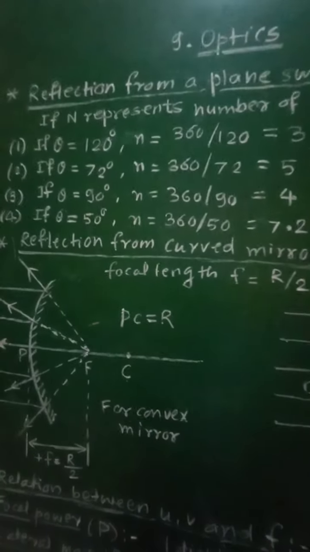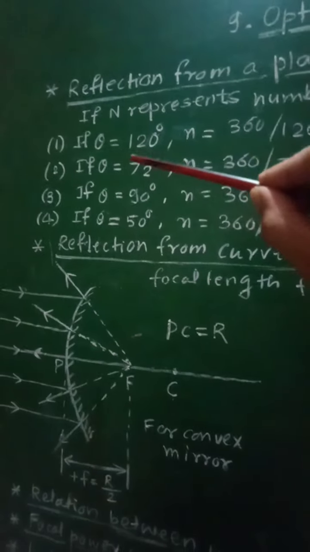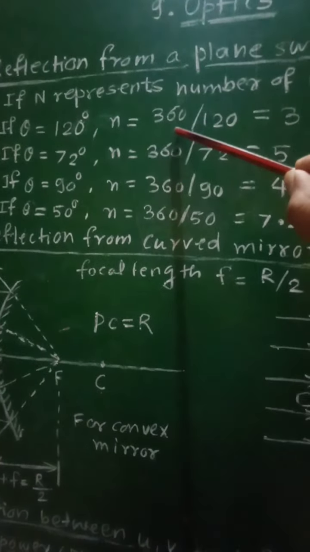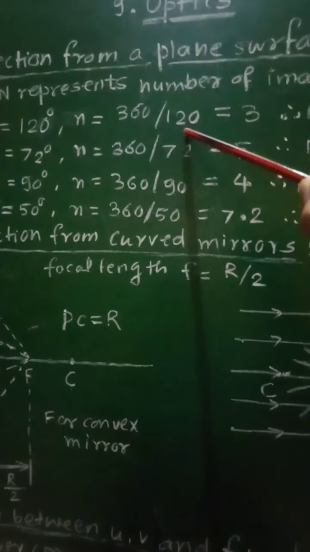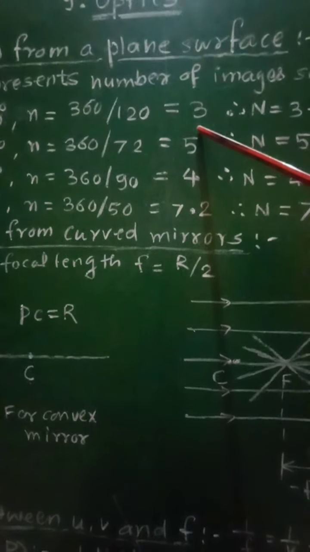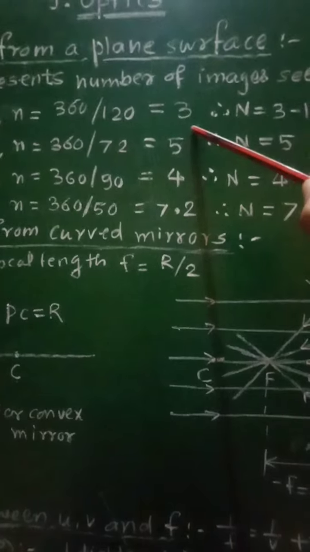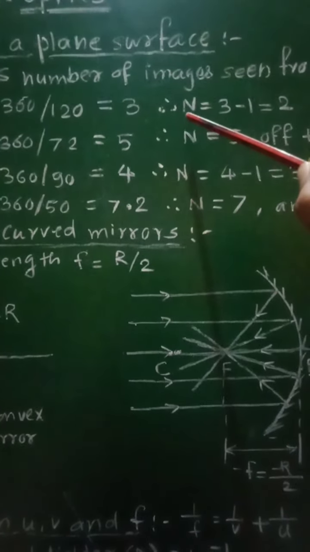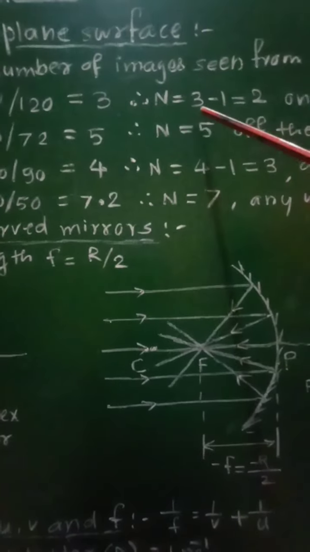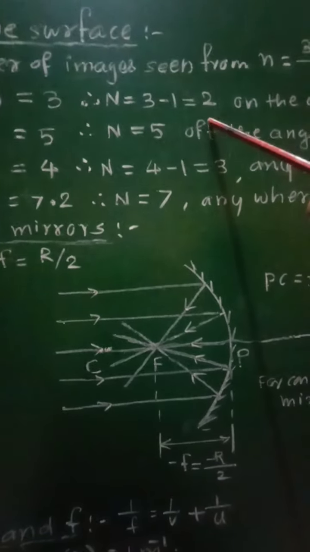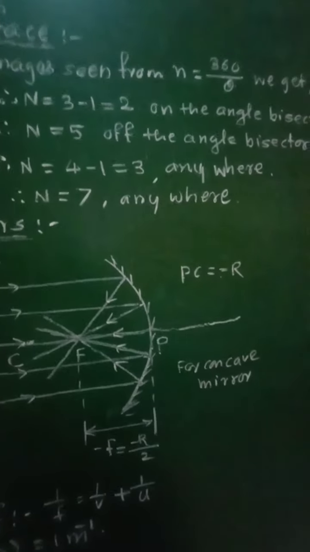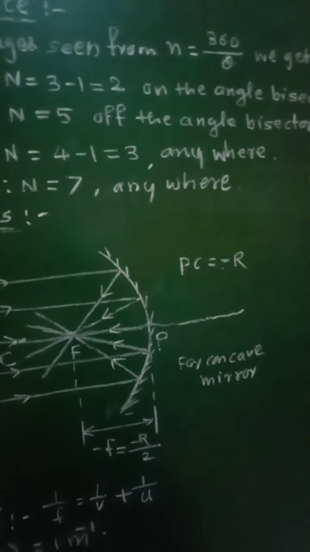For example, if angle theta is equal to 120 degrees, then small n will be equal to 360 upon 120, that will be equal to 3. So this 3 will represent the number of images formed, and now the number of images seen N will be equal to 3 minus 1, that is equal to 2. The position of the object will be on the angle bisector.